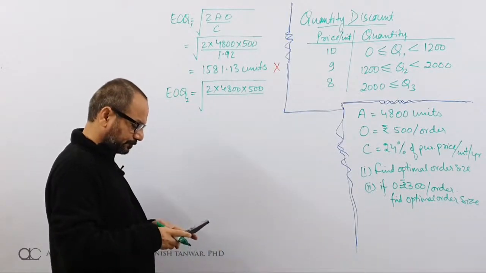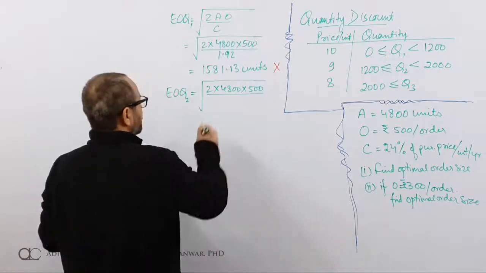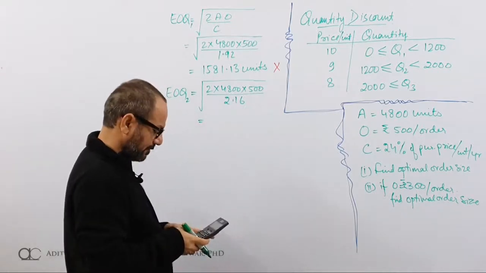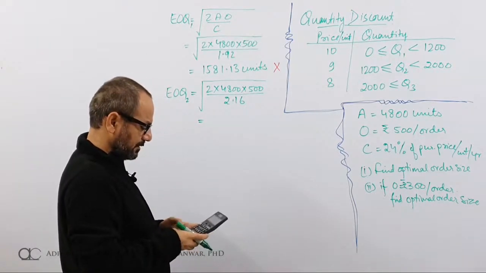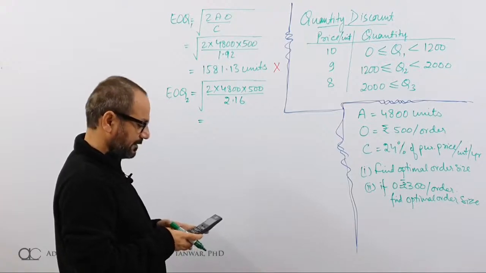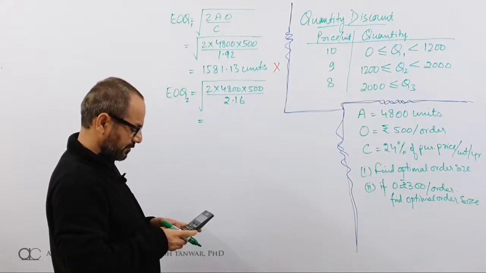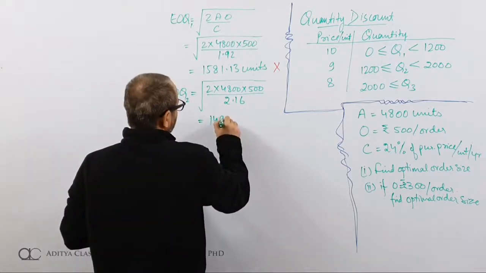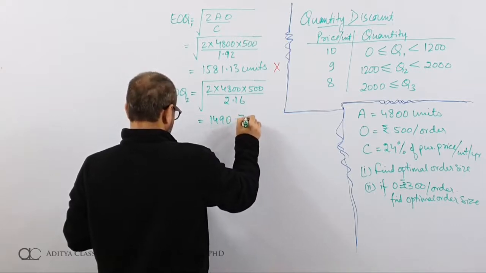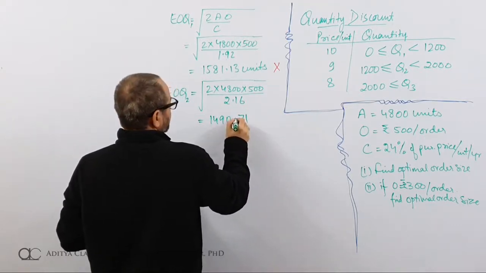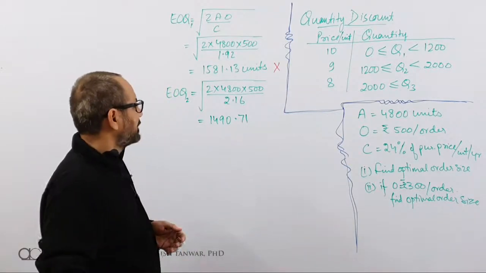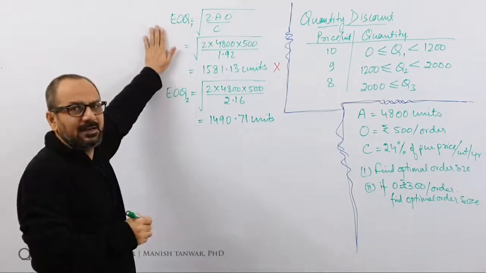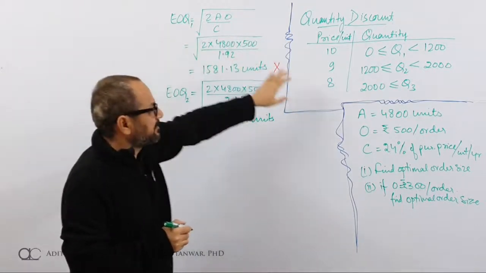So 9, it becomes 2.16, giving me a final value of 4800, 500 divided by 2.16, we get 1490.71 units. Now see, last time I tried that what if the supplier supplies me at 8 rupees.